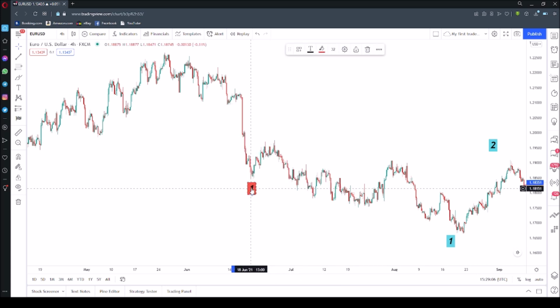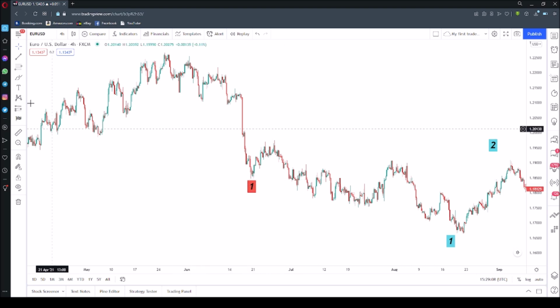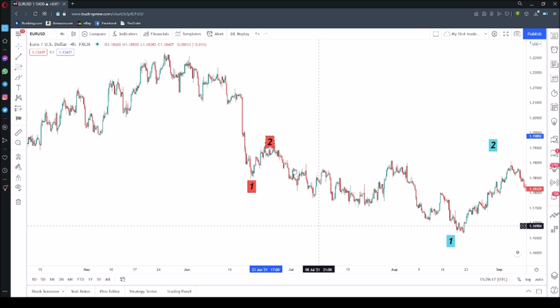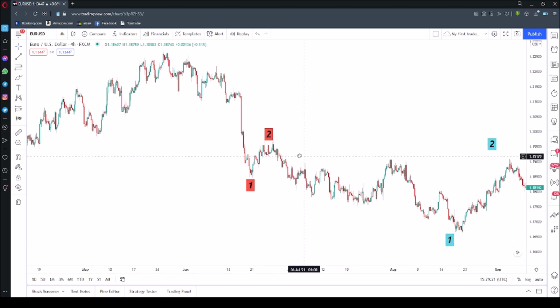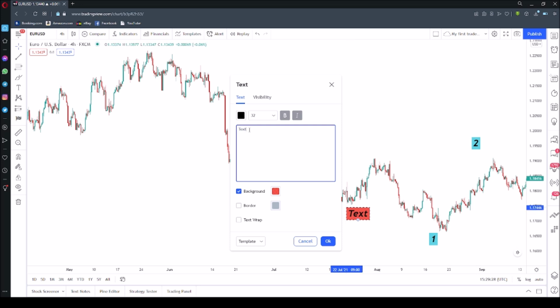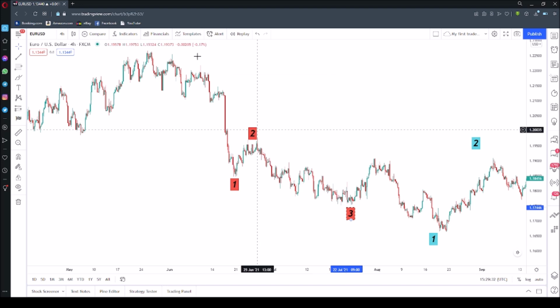We had the first wave, wave 2, right? Then we had wave 3. We can see the impulsive drops. From this point, we can see we had 1, 2, right?